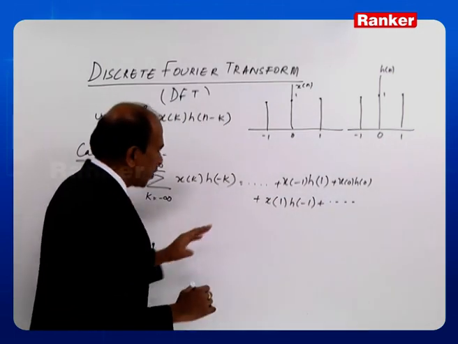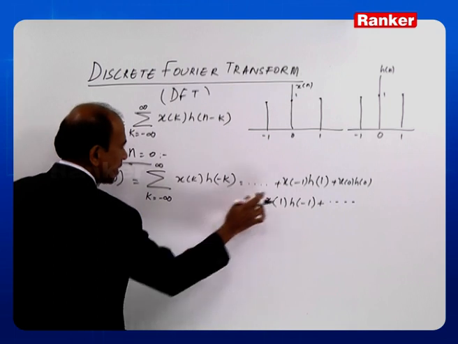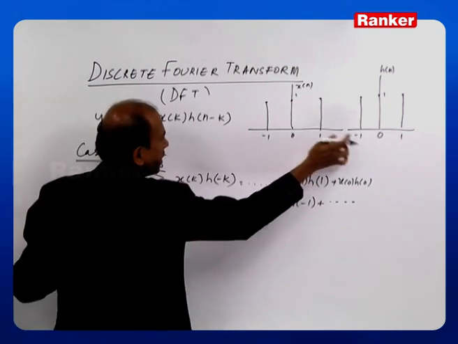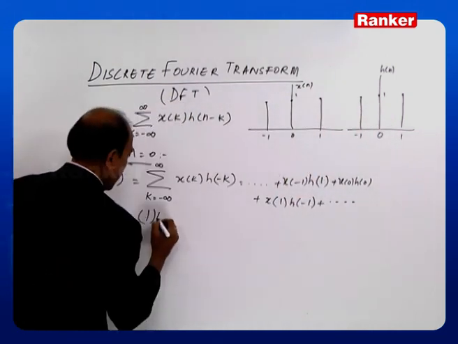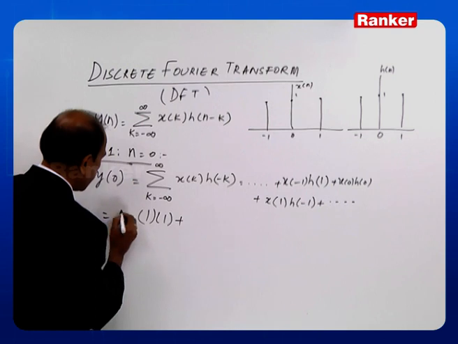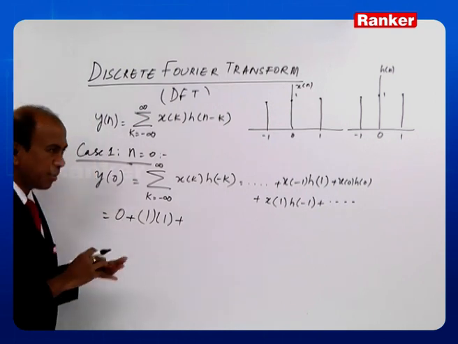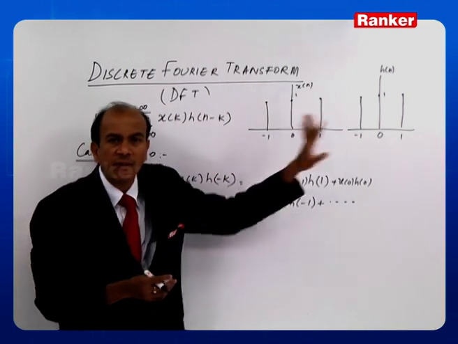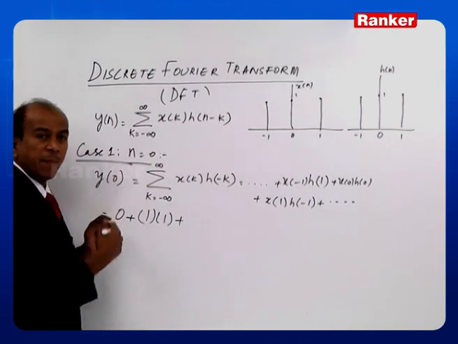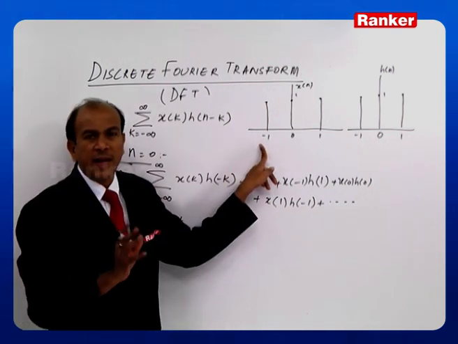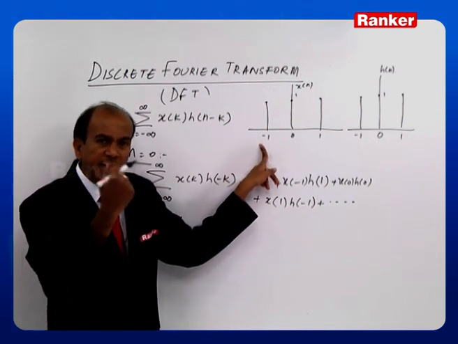So let us look at this. x of minus 1 for us is 1, h of 1 is 1, plus we put a 0 before this, because the sequence does not exist before this and beyond this. Even if you take the summation from minus infinity, unless you reach minus 1, there is no value. That means you will get zeros only.